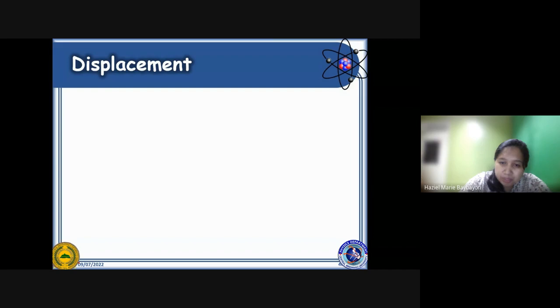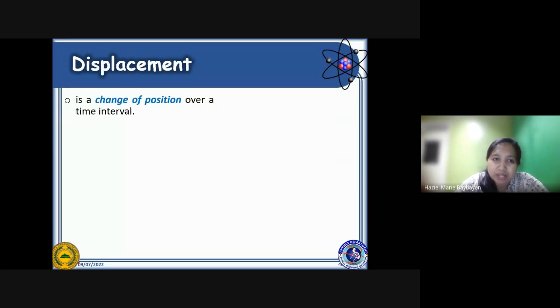Okay, now that we know how to locate an object with respect to some origin, we can define the displacement. Displacement is a change of position over a time interval. So when we say change in position, this means that we have to consider the final position and the initial position of the object.